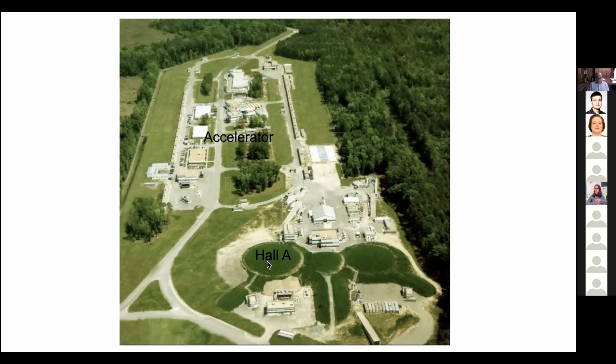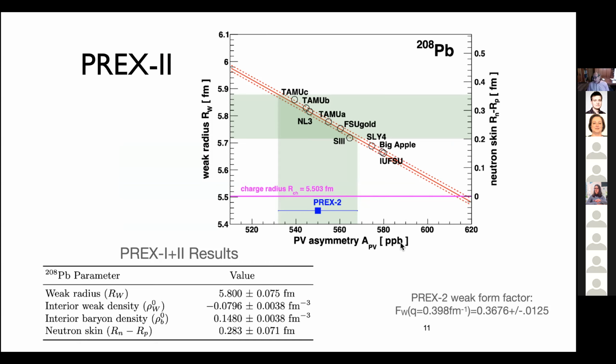So the measured parity violating asymmetry is about 550 parts per billion. This is 1 GeV electrons scattering at about 5 degrees from lead-208. The combined statistical and systematic error of the experiment is this shaded green band. So we compare that parity violating asymmetry to a variety of model weak charge densities, a series of relativistic and non-relativistic density functionals.